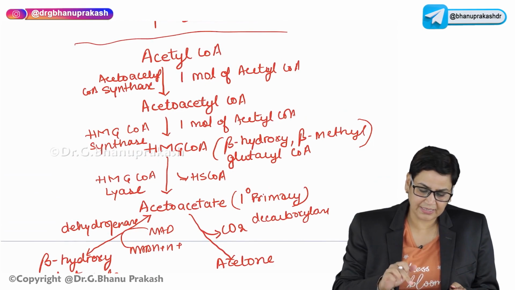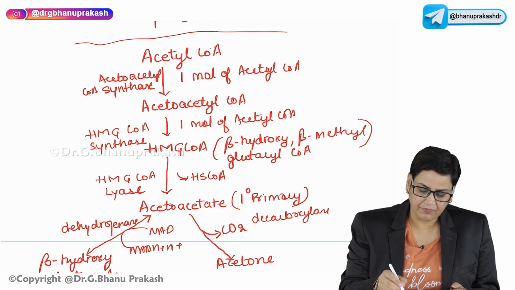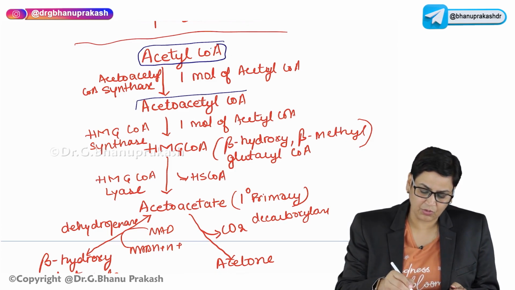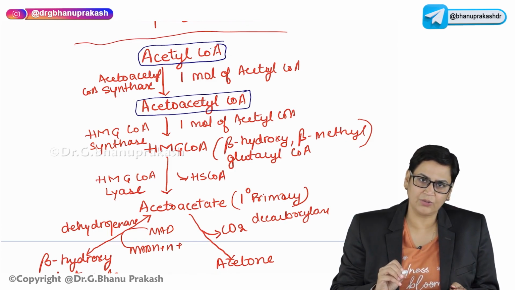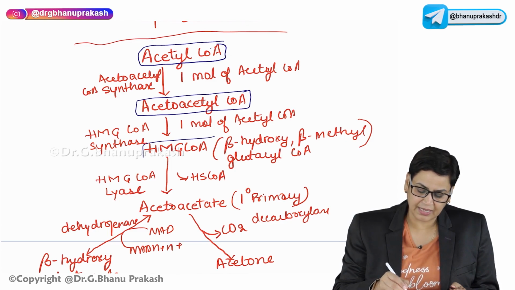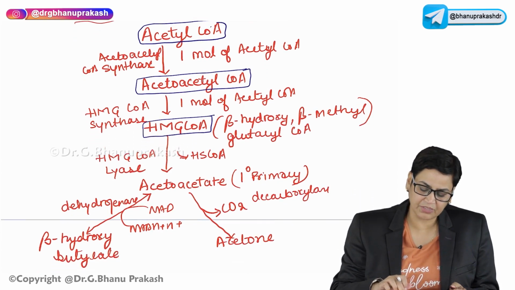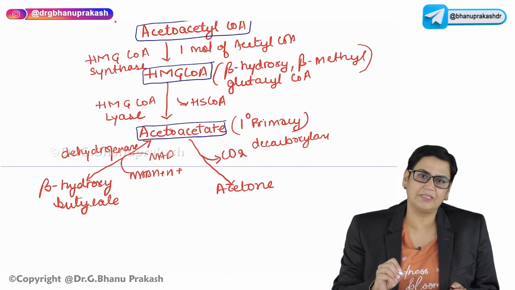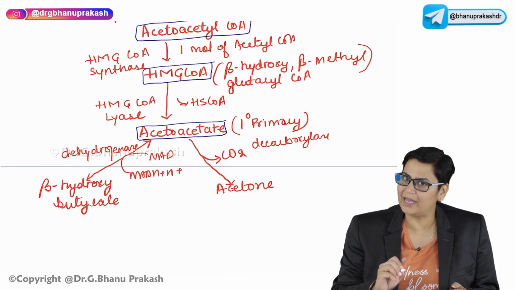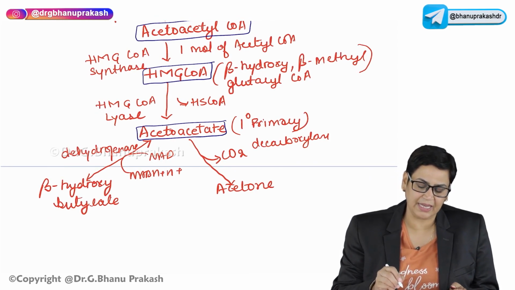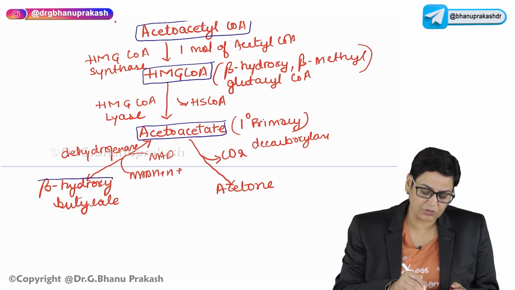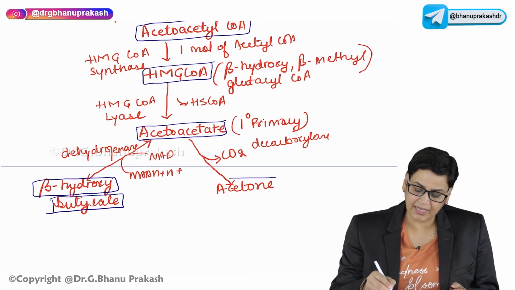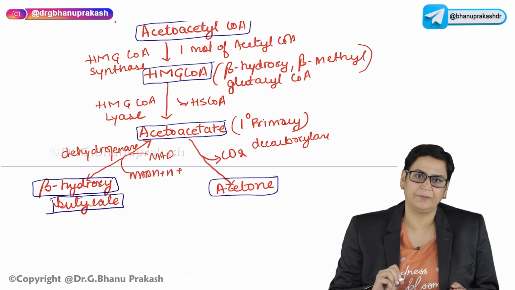So now let's quickly see. First, acetyl coenzyme A combines with one molecule of acetyl-CoA forming acetoacetyl-CoA, which again combines with this forming HMG-CoA. This HMG-CoA undergoes splitting in the presence of enzyme HMG-CoA lyase forming acetoacetate, which undergoes dehydrogenation forming beta-hydroxybutyrate and decarboxylation forming acetone.